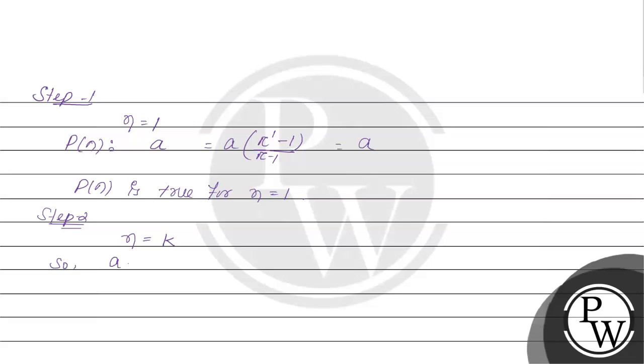So we can write a plus ar square plus up to ar to the power k minus 1 is equal to a multiplied with r to the power k minus 1 divided by r minus 1 for all r not equal to 1, consider as equation 1.